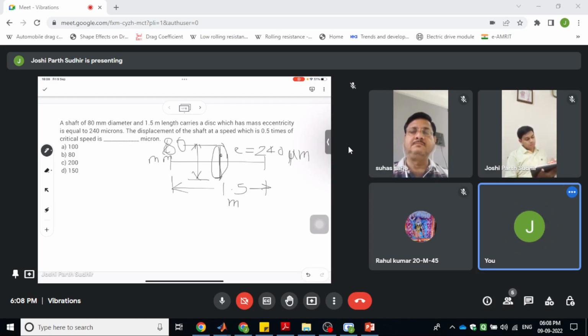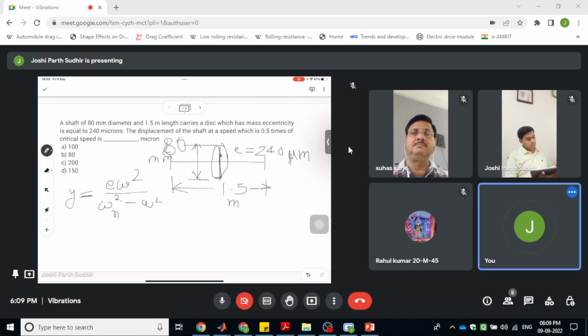The equation for displacement of the shaft, for whirling of the shaft, is given by E into omega square upon omega n square minus omega square.